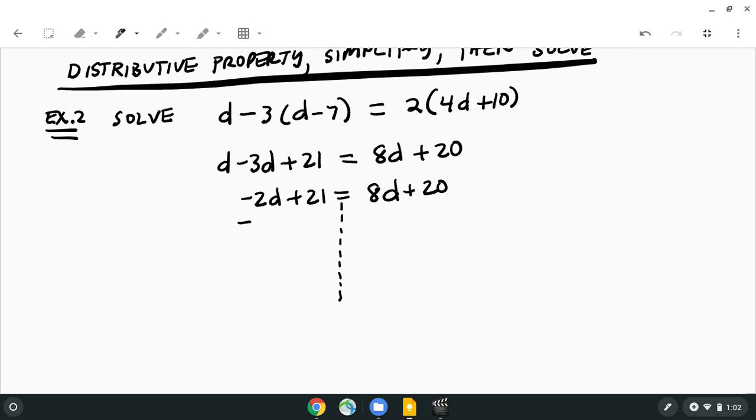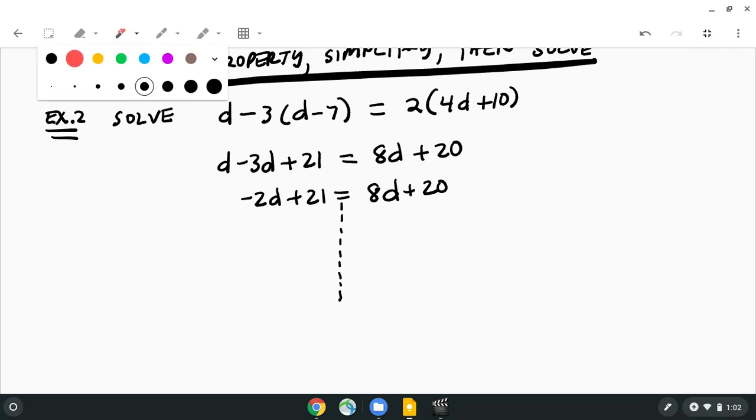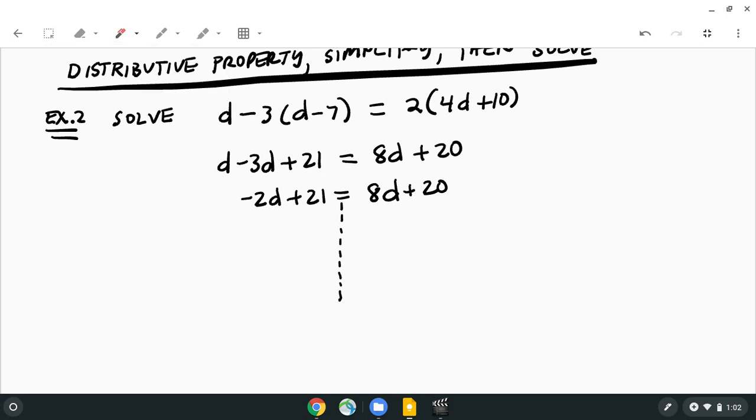Here, let me use a different color. Okay, so again, make sure you're doing it on opposite sides. Okay, so you're adding 2d on the left-hand side, you're adding 2d on the right-hand side.